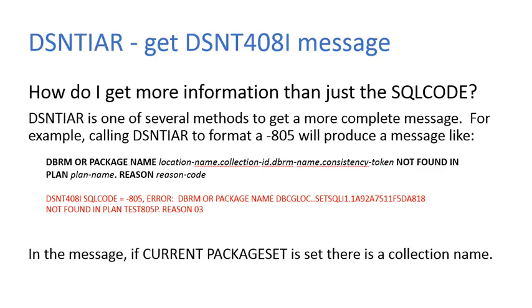How do I get more information than just the SQL code? Just getting an SQLCODE -805 does not tell you much. IBM's DSNTIAR or other methods can be used to get more information.